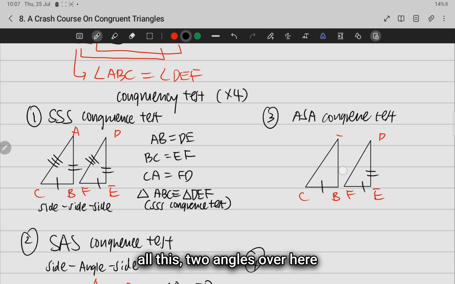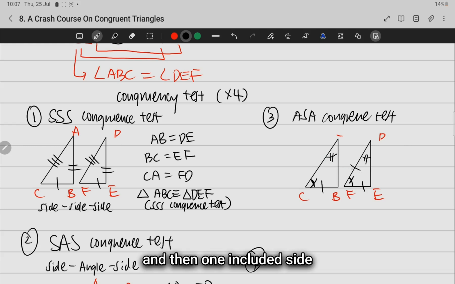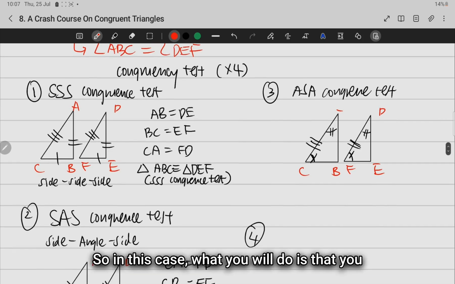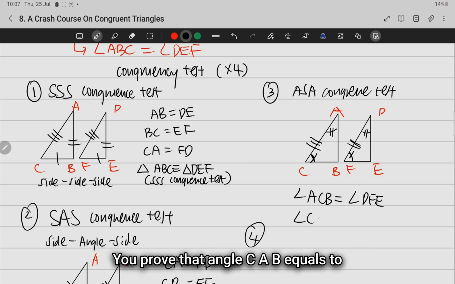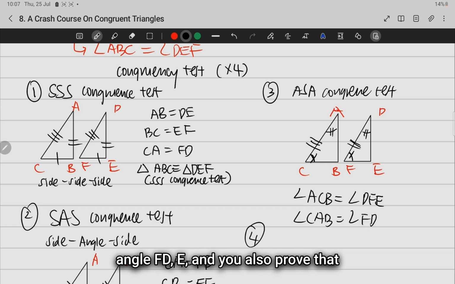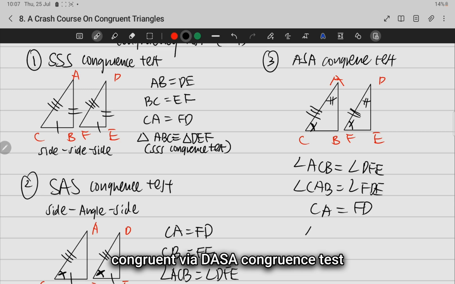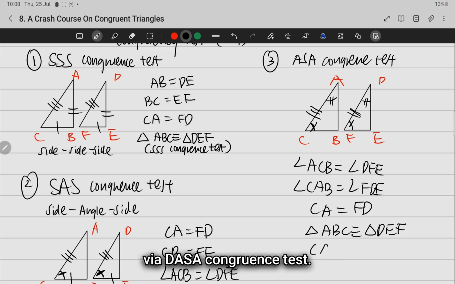So in this case, you will prove that angle ACB equals angle DFE, you prove that angle CAB equals angle FDE, and you also prove that CA equals FD, and therefore they are congruent via the ASA Congruence Test.